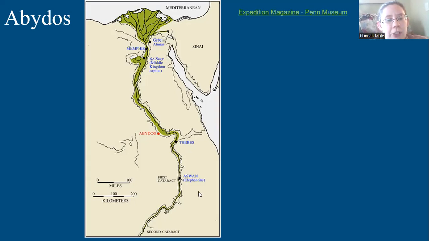And then when you're getting down to here, you're getting Nubia. So this is roughly where some of those Middle Kingdom pharaohs either send soldiers or lead expeditions themselves to permanently take over this land and build forts in these river border areas.